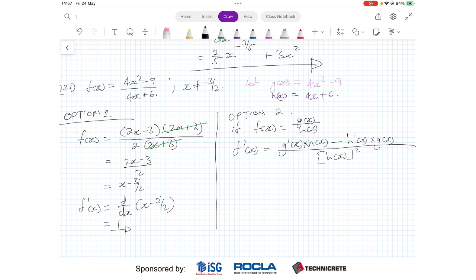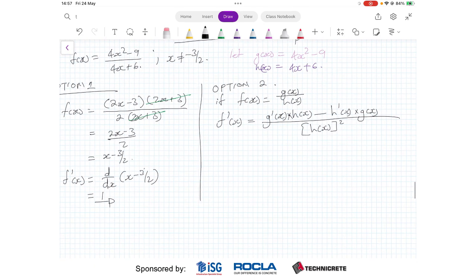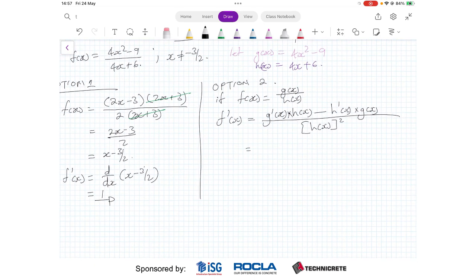All right, now moving on, we find that the first derivative of g at x, g prime at x, is given as 8x, okay, so that's going to be 8x multiplied by 4x plus 6, because that is our h at x, minus h prime at x.